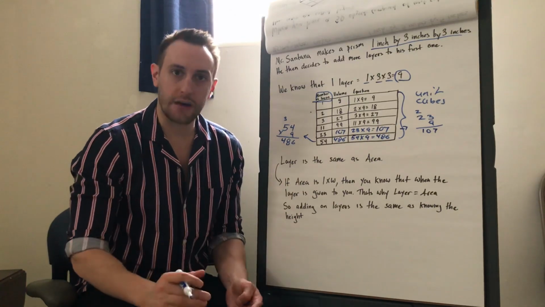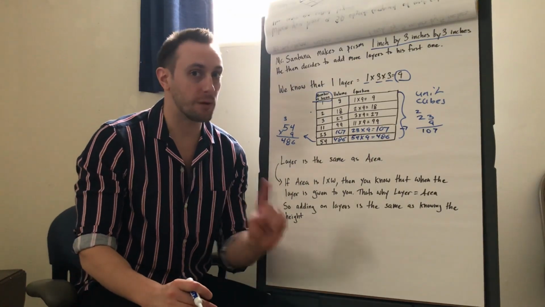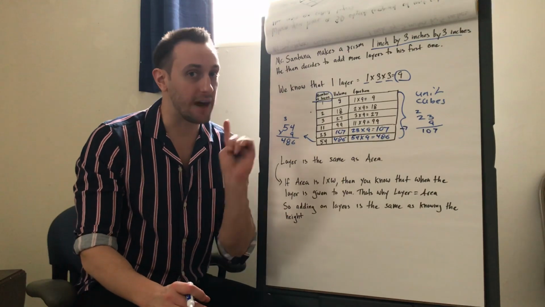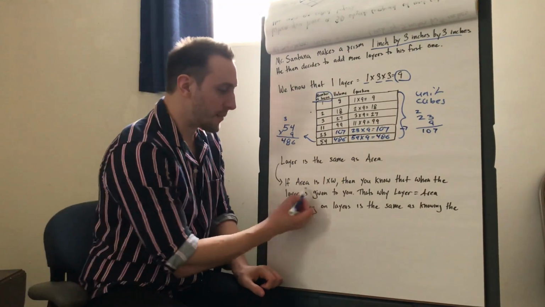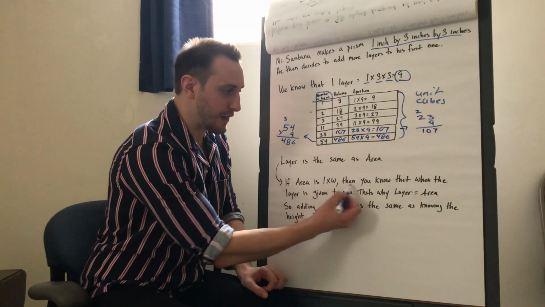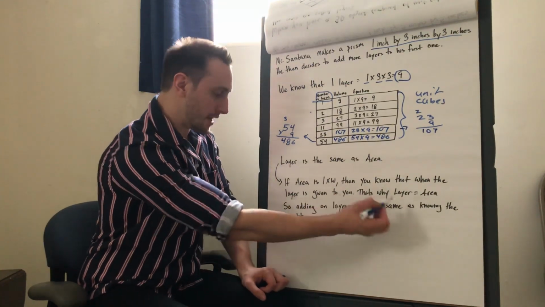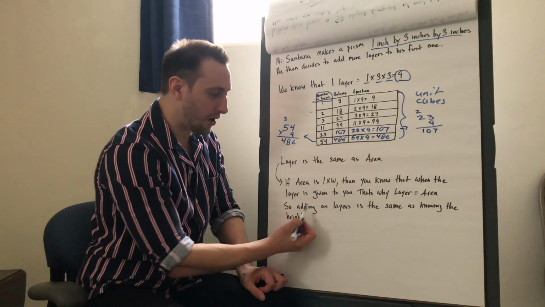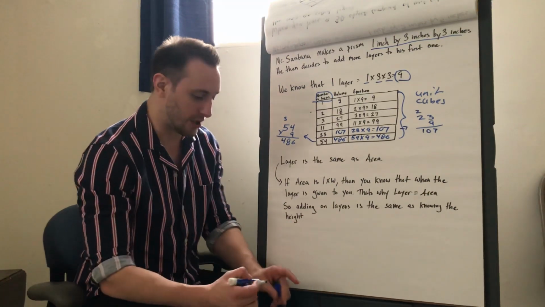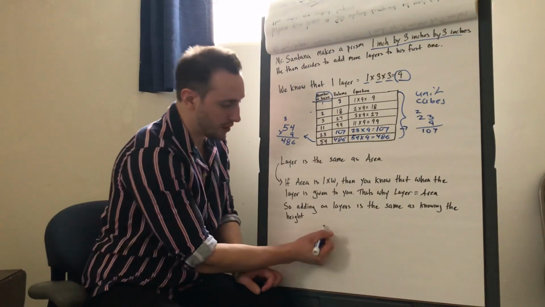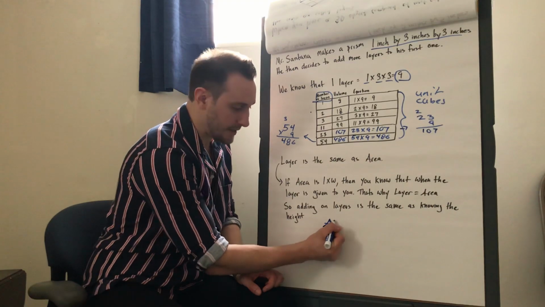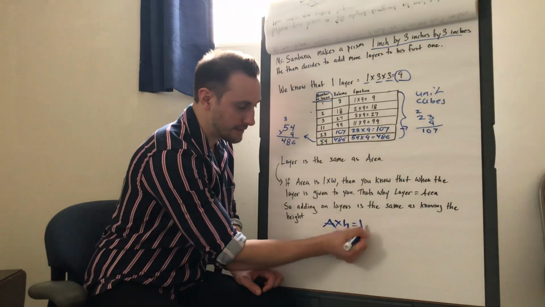And once you know the area, all you have to do is multiply that by the height. So if area is length times width, then you know that when the layer is given to you. That's why layer equals area. So adding on layers is the same thing as knowing the height. In other words, if you know the area, area times height is volume.